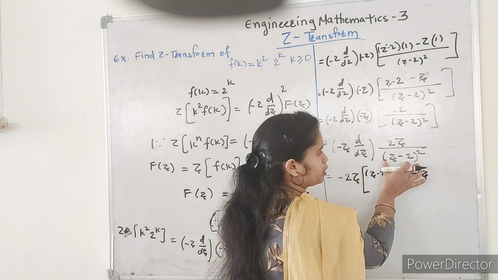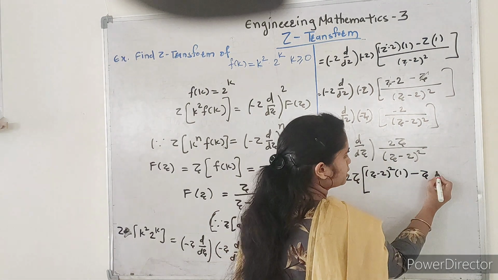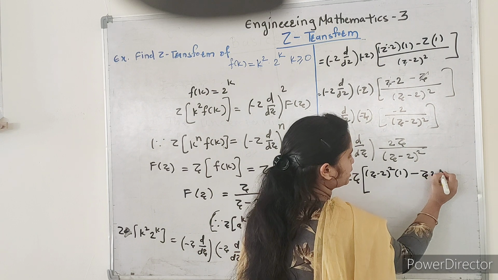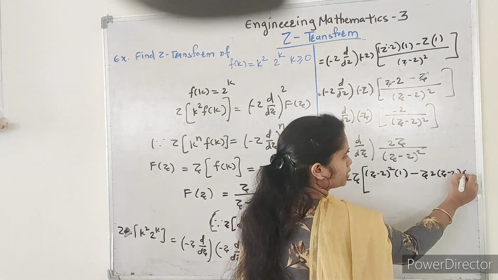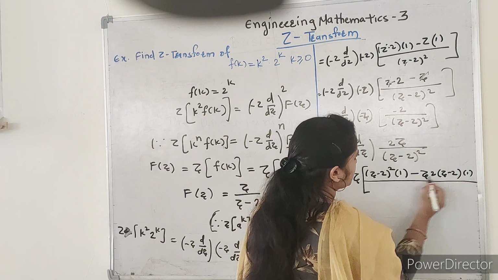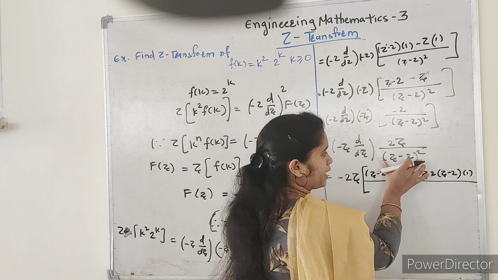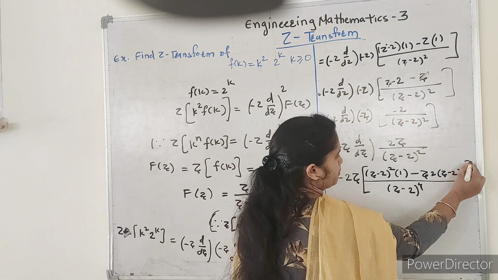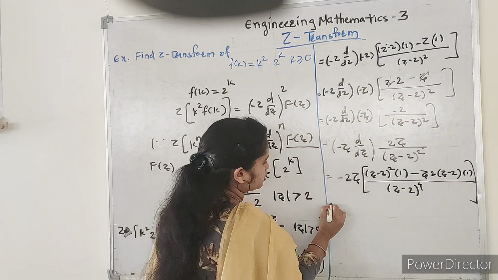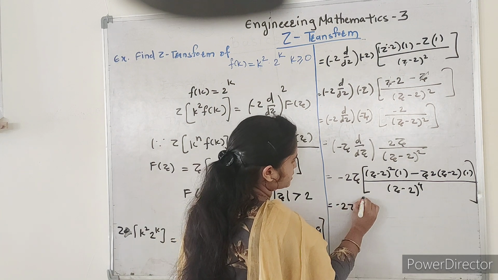Next, the derivative of z minus 2 bracket square is 2 times z minus 2, and again z minus 2's derivative is 1, upon z minus 2 bracket square, that means raised to 4. Correct? Minus 2z as it is.